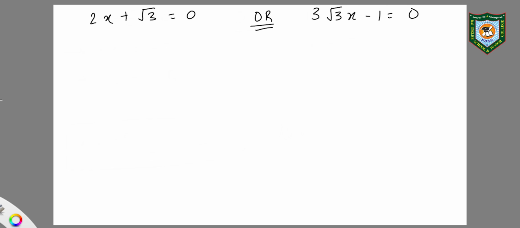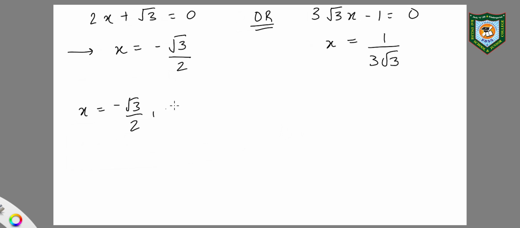This implies x is equal to minus root 3 by 2, or x, in this case, if you solve it with the procedure, you will get the value as 1 divided by 3 root 3. Now, once we have this answer, that means x is equal to minus root 3 by 2, comma 1 by 3 root 3 are the roots of the given equation.